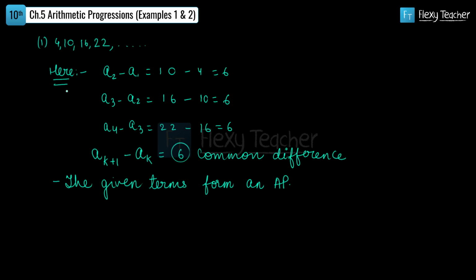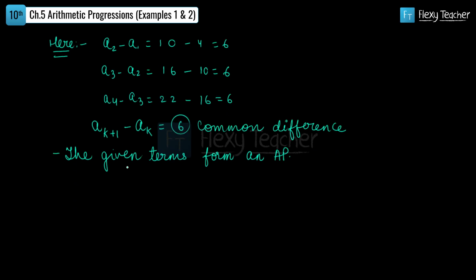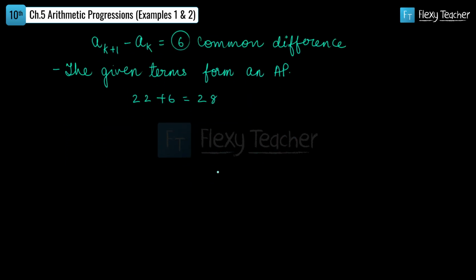So the next two terms are 22 plus 6, which is 28, and 28 plus 6, which is 34. This is your answer.